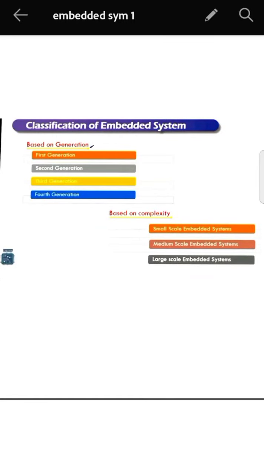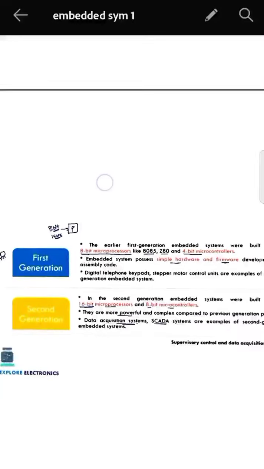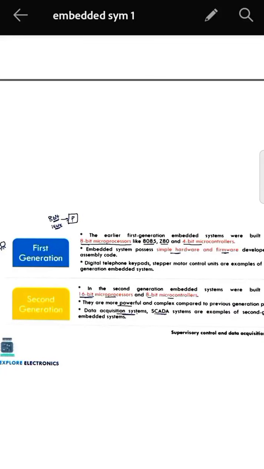Based on generation, the first generation: the earlier first generation embedded systems were built with 8-bit microprocessors like 8085 and Z80 and 4-bit microcontrollers. In the first generation, they are using the 8-bit microprocessor and the 4-bit microcontroller. And the next point is embedded system possesses simple hardware and firmware developed in assembly code.